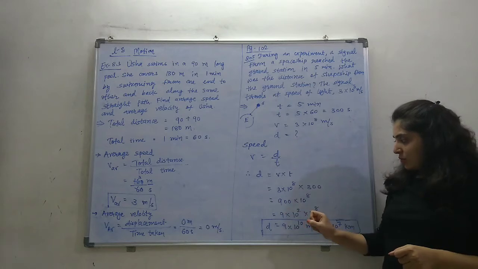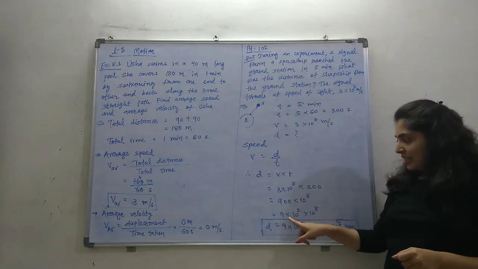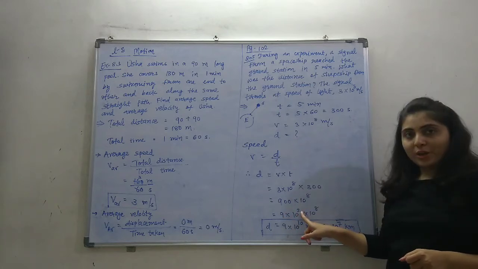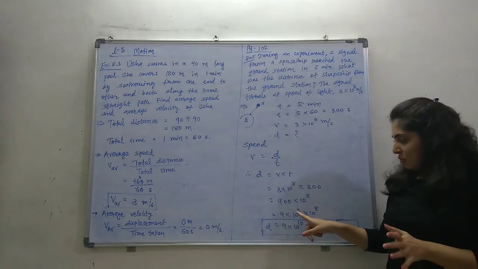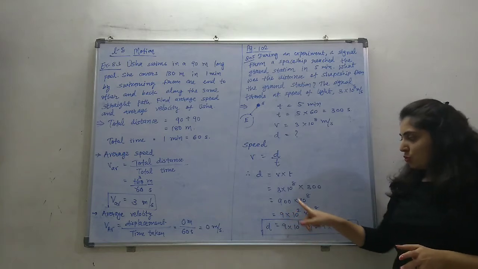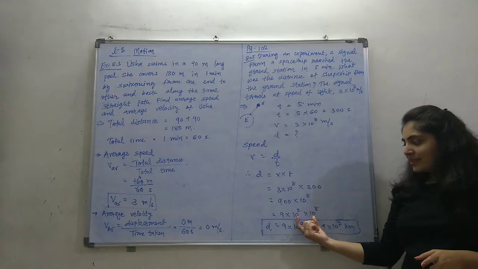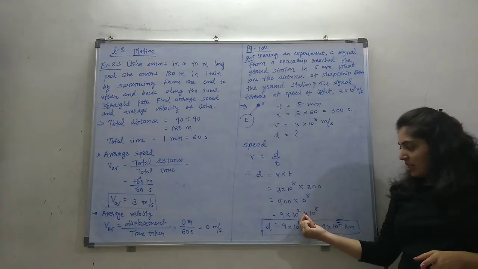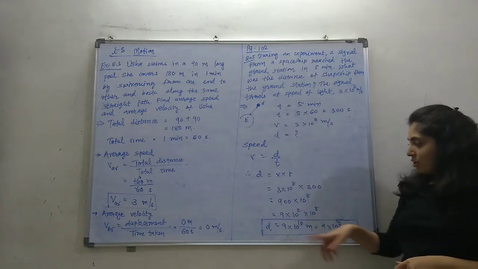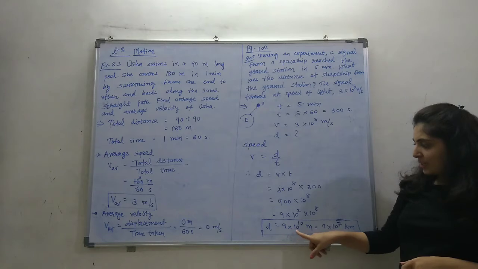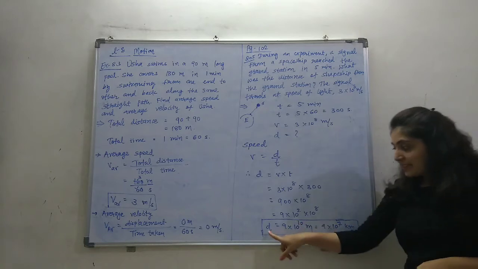Now 900 we can write as 9 into 100. 100 is 10 square. Right? Understand here properly. 9 into 10 raised to 2, that is 900, and 10 raised to 8. Wherever there is the same base and there is a multiplication sign, power is added. So ultimately it will become 9 into 10 raised to 10, and it is a distance.